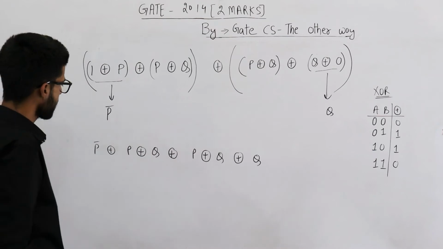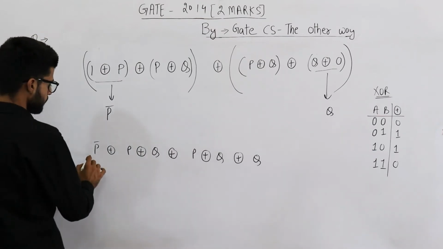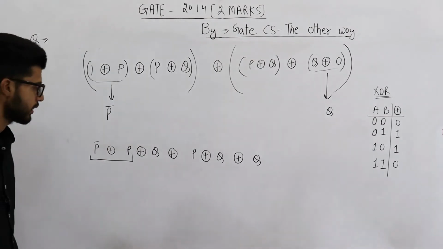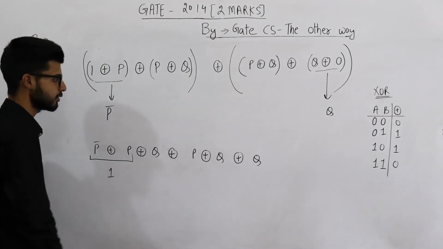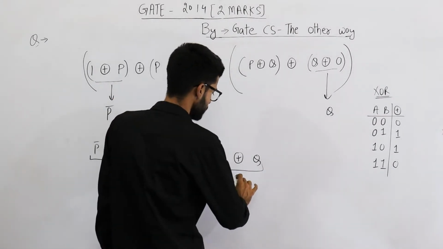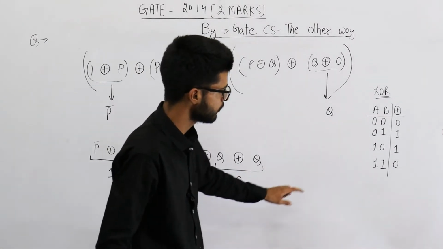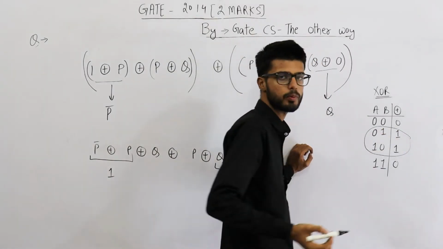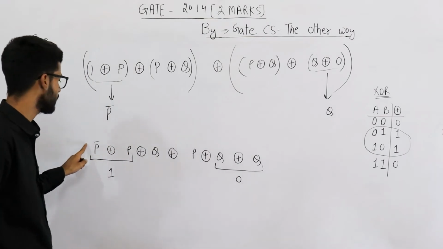Now you can see P bar XOR P. This will output 1. And Q bar XOR Q. This will output 0. How? See, whenever both the inputs of XOR are different, it will output 1. So here both the inputs are different.